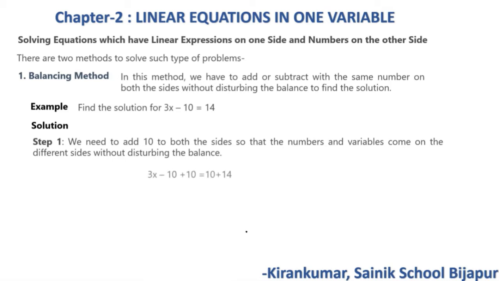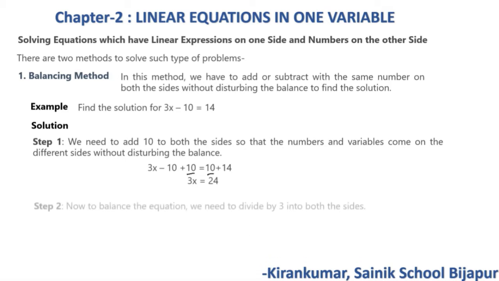If we do that, it is 3x minus 10 plus 10 equal to 10 plus 14. This 10 is being added on either side. So this negative 10 and positive 10 becomes 0. We will be getting 3x equal to 24.